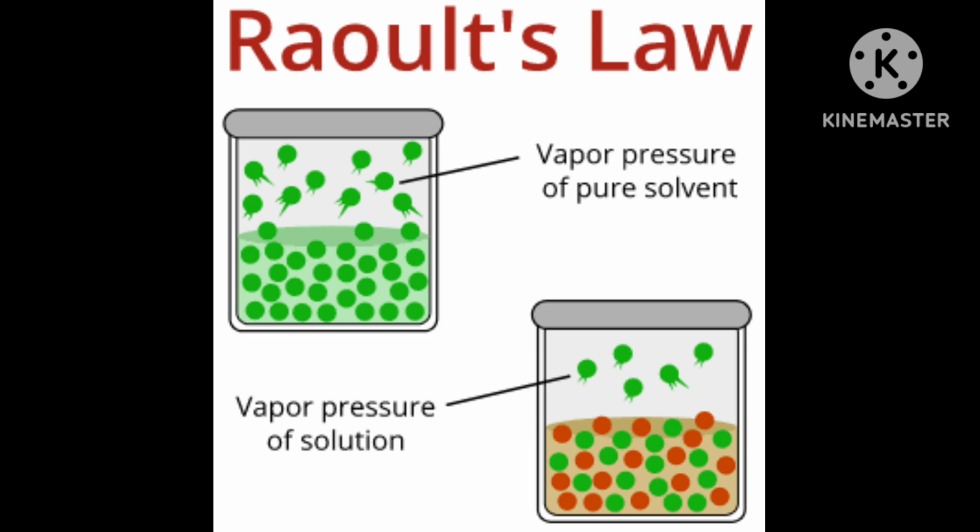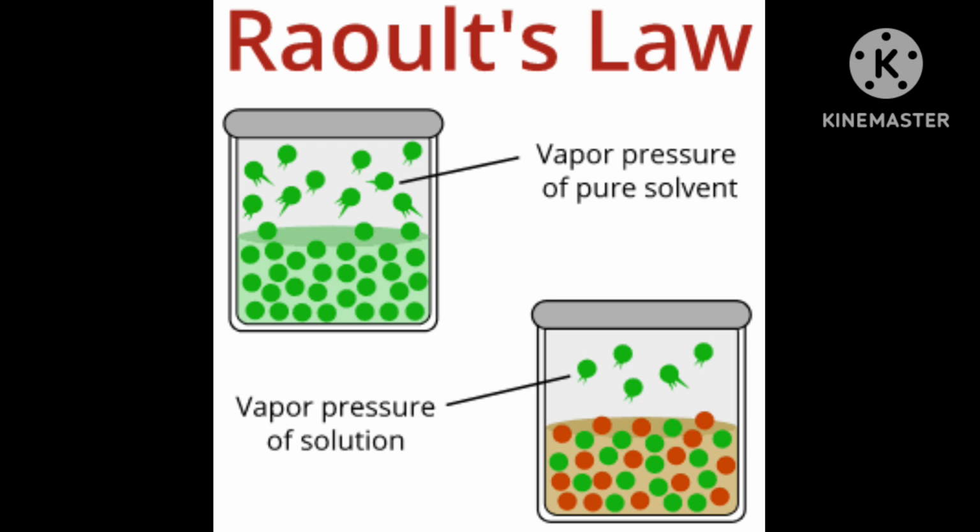If the mole fraction is more, it means the number of moles is more, whether for solute or solvent, whatever it may be. If the mole fraction is more, then it will create more vapor pressure.